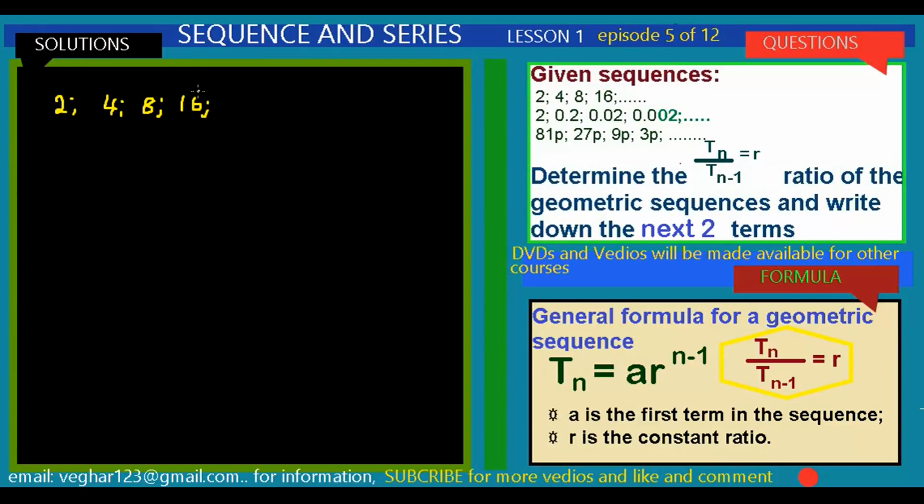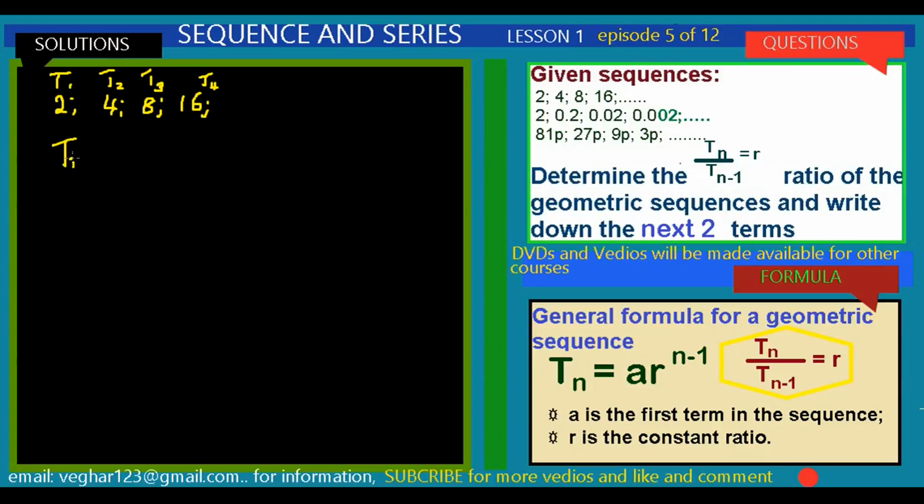This is term number 1, term number 2, term number 3, term number 4. They have told us it's a geometric sequence.